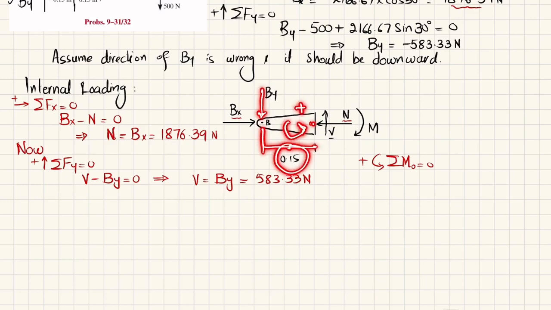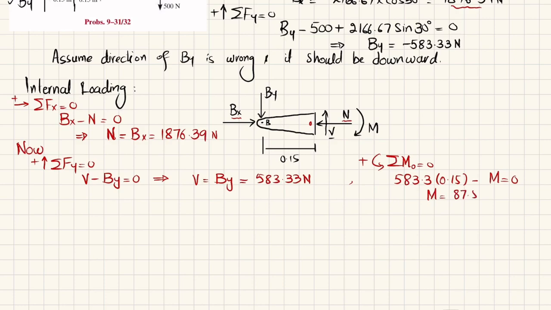This is producing counterclockwise moment, so it is positive, and this external moment M is negative. Their sum must be equal to 0. So I will write 583.3, which is By, times the perpendicular distance 0.15, minus M is equal to 0. And from here you will get the moment M equal to 87.5 Newton meter.